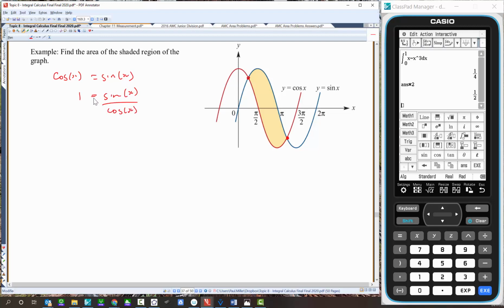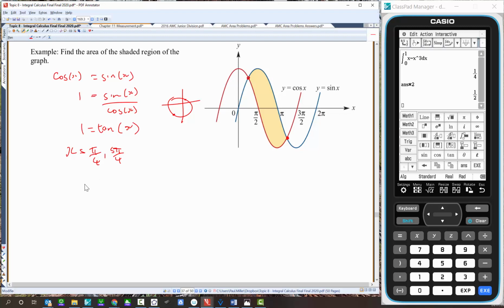I'm going to divide both sides by cosine x, and 1 equals tan x. And when is tan 1? It's going to happen on a 45-degree angle and down here at 5 pi on 4. So x is equal to pi on 4 and 5 pi on 4.